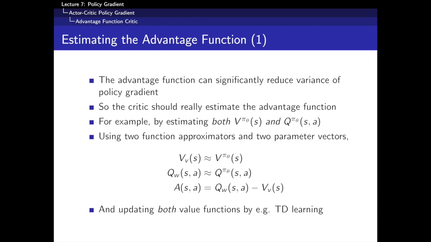And we would just take the difference between those things as our estimate of the advantage function. This becomes more complex in the sense we have more parameters, but it gives us a literal estimate of the advantage function, which we would then plug back into the policy gradient theorem. We plug into this advantage function the difference between our state action value function and our state value function.